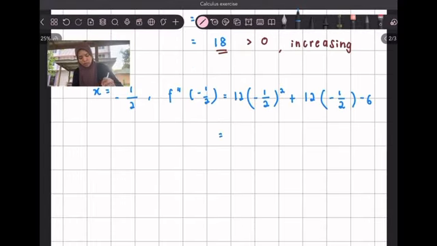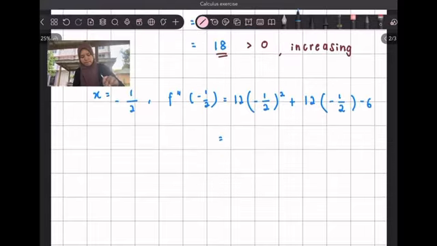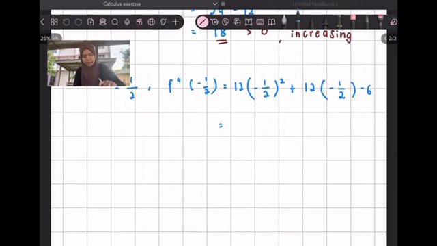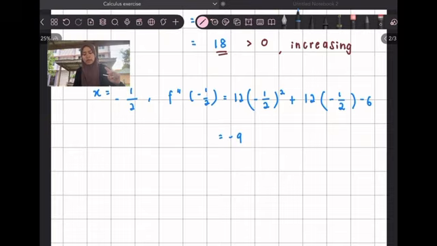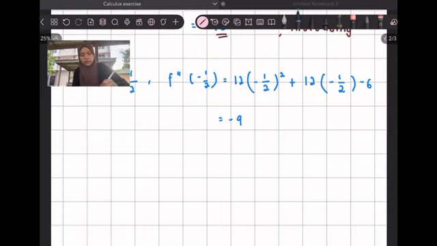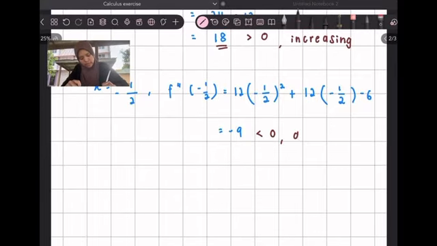We get negative 9 for this equation if we substitute x equal to negative 1 over 2. This negative 9 is smaller than 0. So if the number is smaller than 0, the interval will be decreasing.